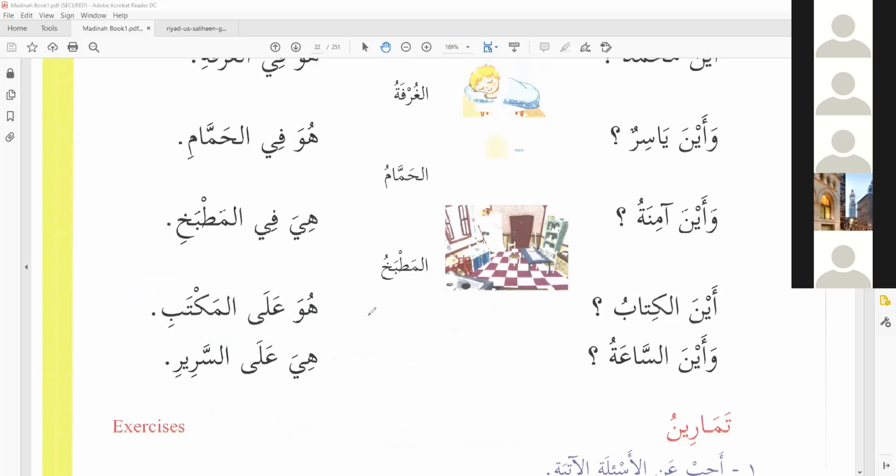This gets us into another issue, which nobody has called me on. Oh no, one of the students did call me out on it, where I said in the slides that the nominative case, mubtada being ma'rifa, is a preponderance and not a rule.